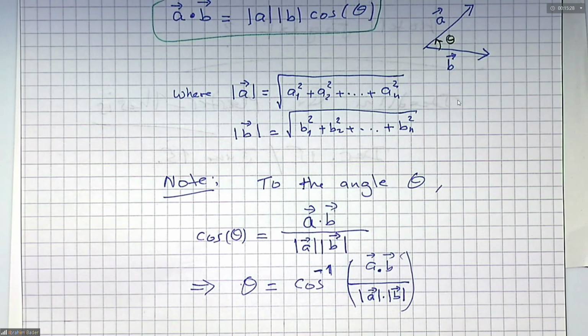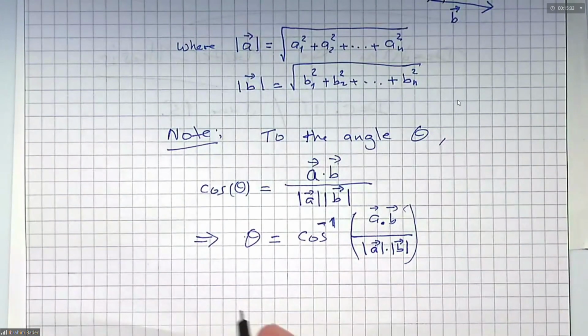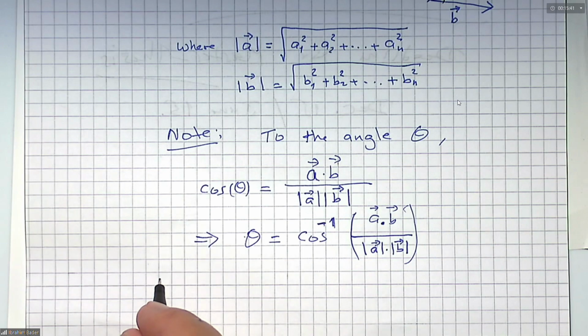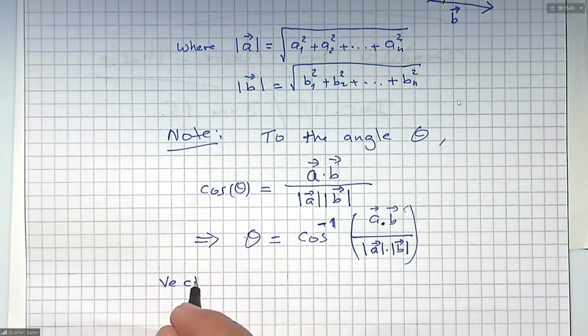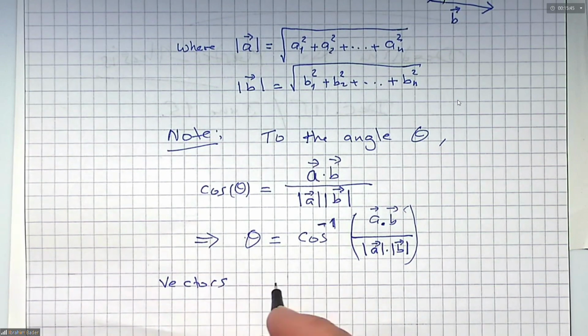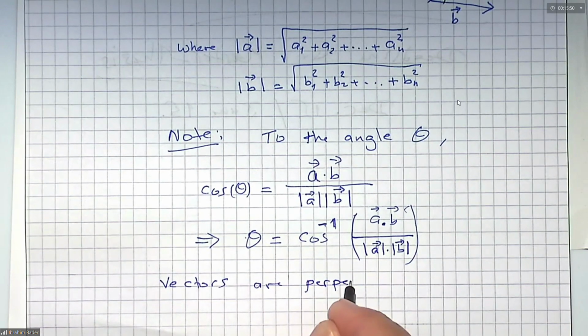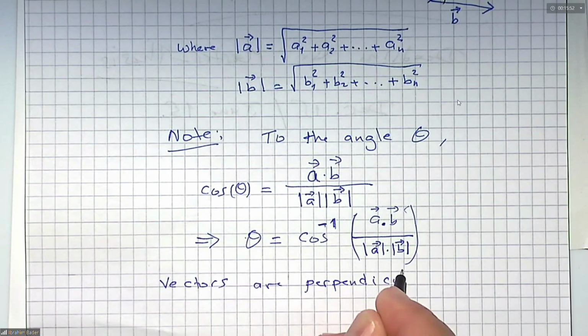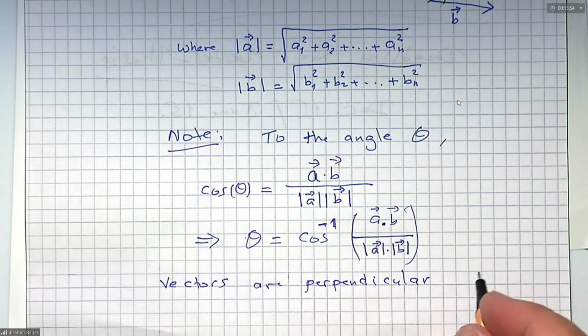Now I will ask a question. Using what we introduced so far, if given two vectors, how can we find out whether the vectors are perpendicular, or sometimes it's called orthogonal?